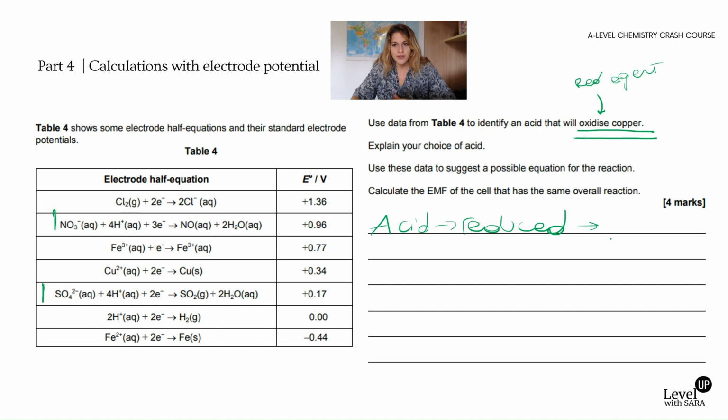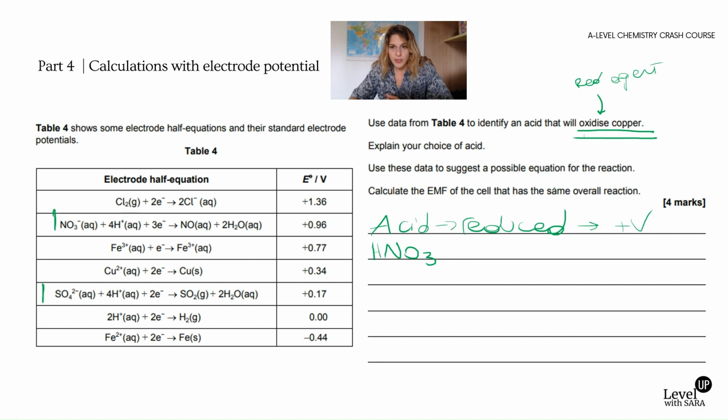If it's reduced, it would have a more positive electrode potential. I would like you to always keep in mind that more positive electrode potential. And then you can work out all the rest. So looking up copper, the most positive one will be NO3 minus. And guess what acid that is? Nitric acid. So HNO3 will be the acid that is able to oxidize copper.